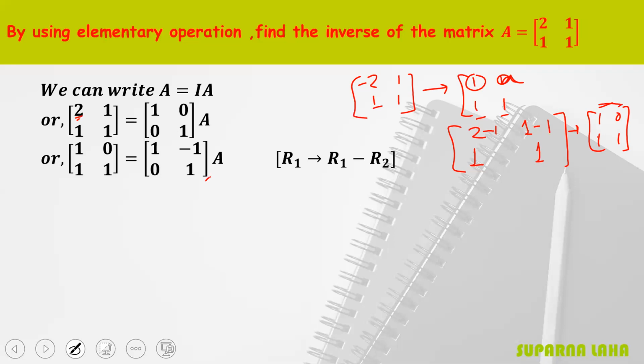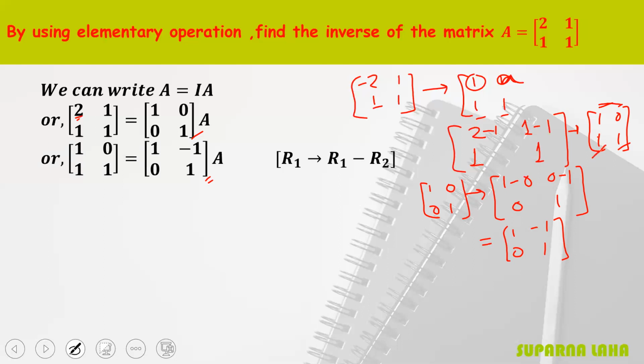So apply the same operation on the identity 1 0 0 1. We subtract: 1 minus 0 and 0 minus 1, and this row remains unchanged. So 1 minus 1, 0 1. Here it is 1, so no change.